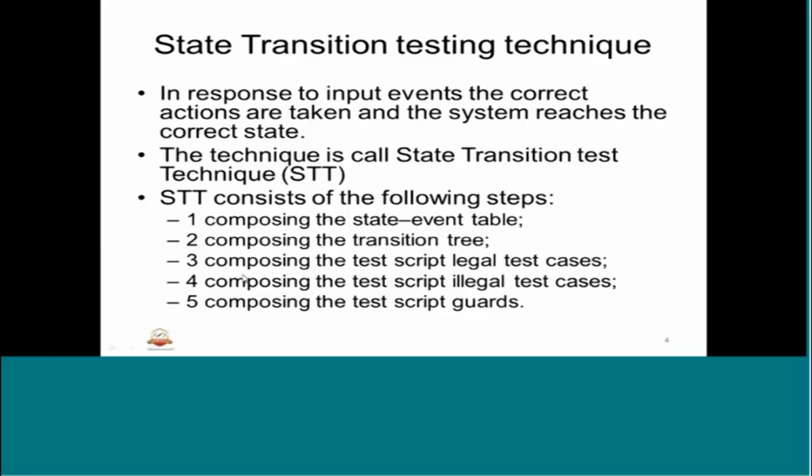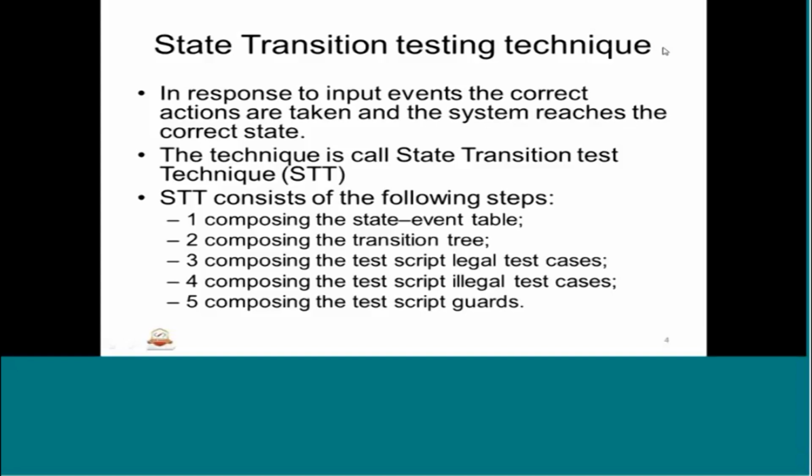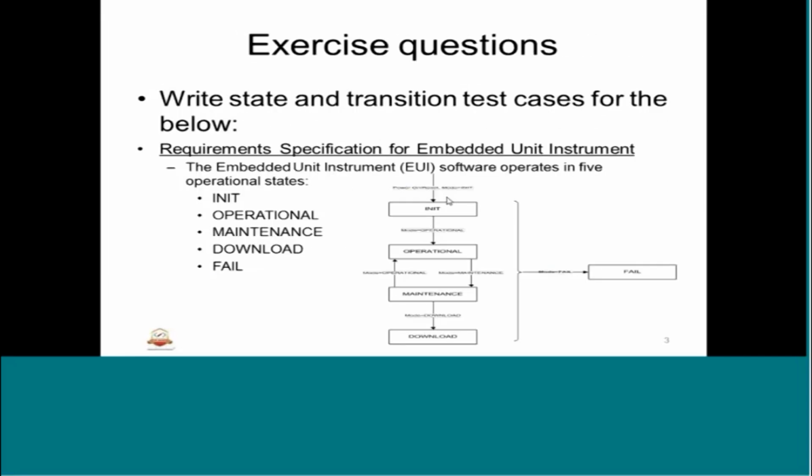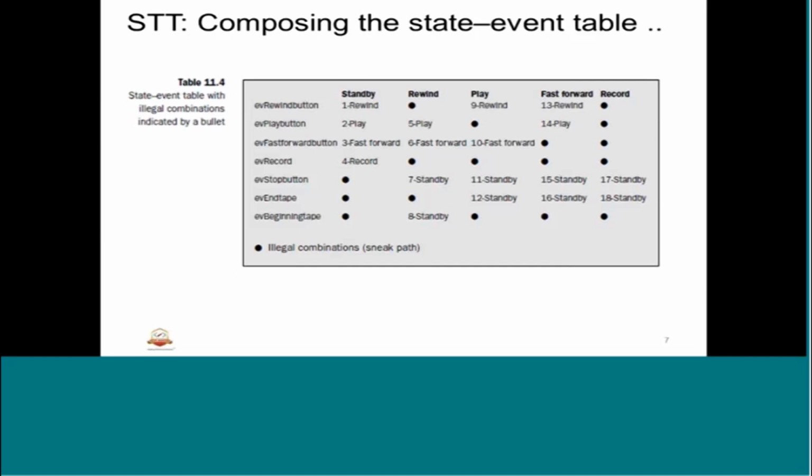What we need to do is have these 4 steps done. Let us not consider this mechanism for now. Let us try to do the state event table, transition tree, and script legal and illegal transitions. That is the exercise for state transition testing.